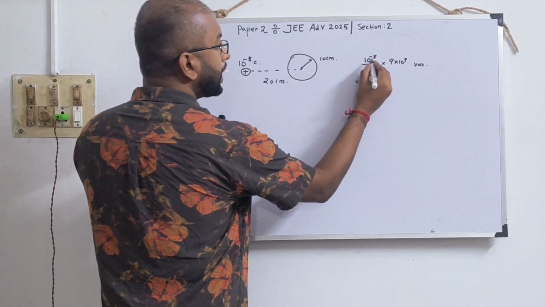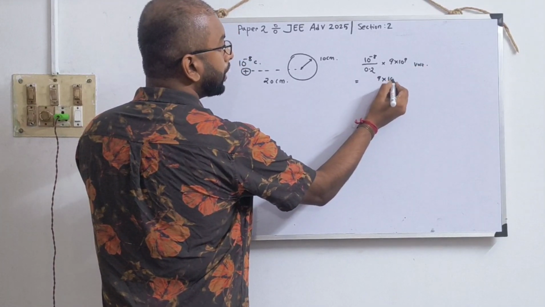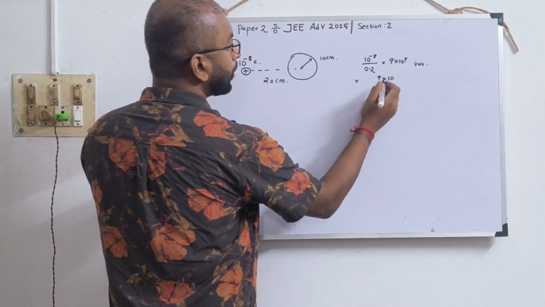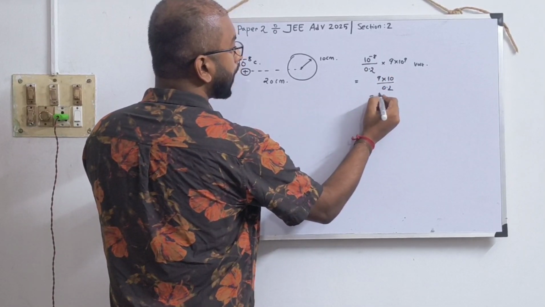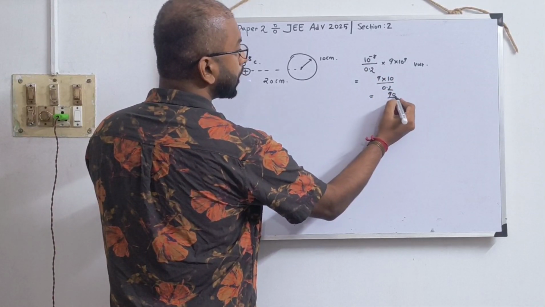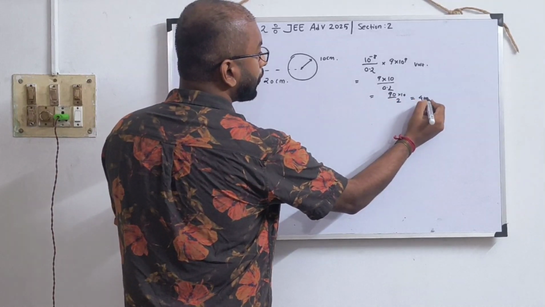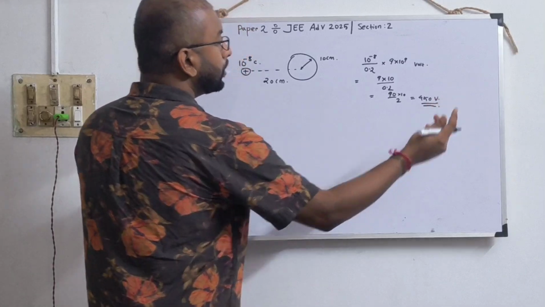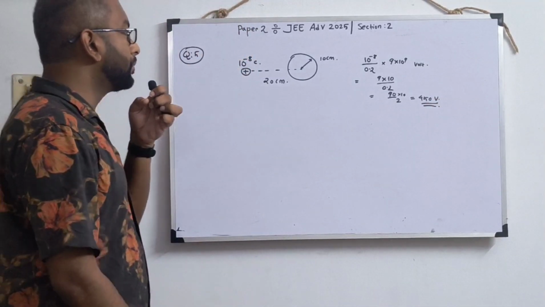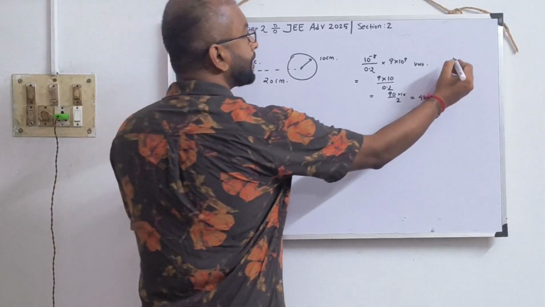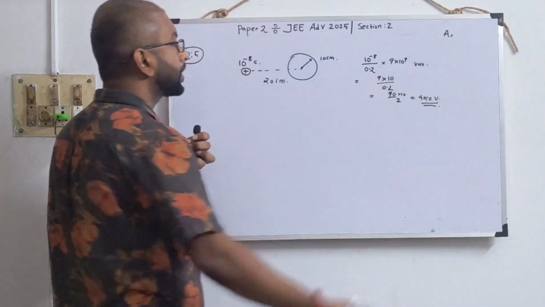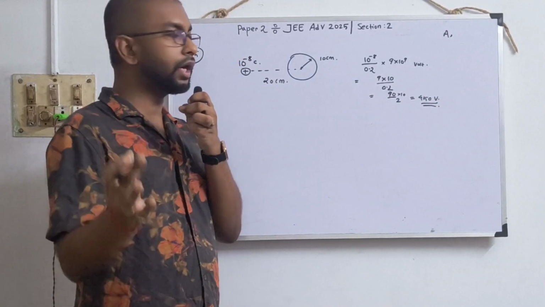So 10 to the power minus 8 into 9 into 10 to the power 9 becomes 90 by 0.2, that means 90 into 10 by 2, that is 450 volt. So the potential of the sphere will be 450 volt. Option A is correct.